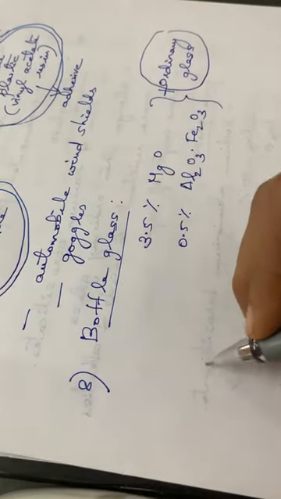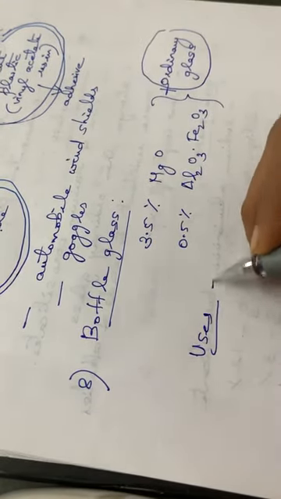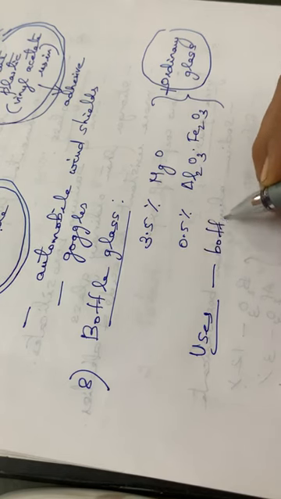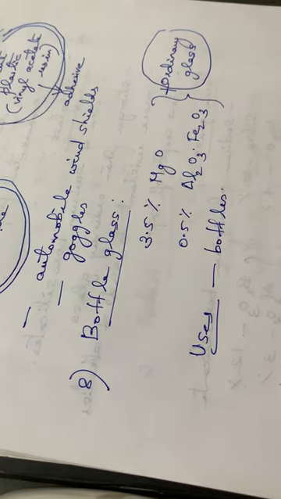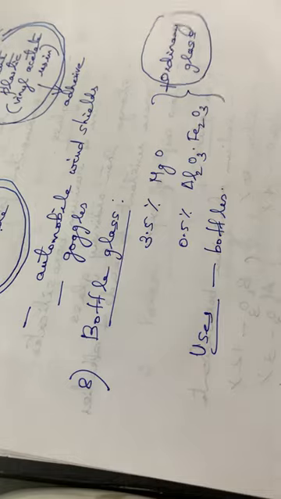Bottle glass is used for making bottles. That is the 8th type of glass, the bottle glass.